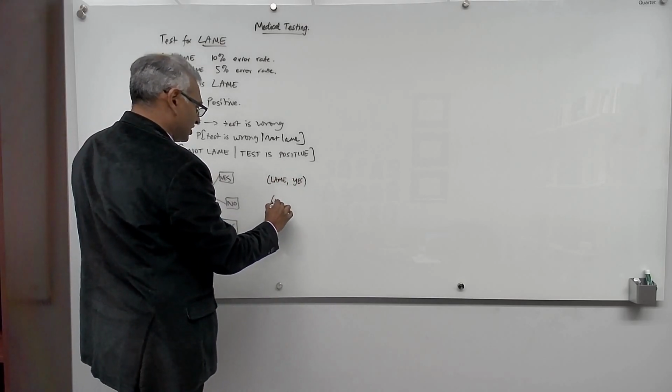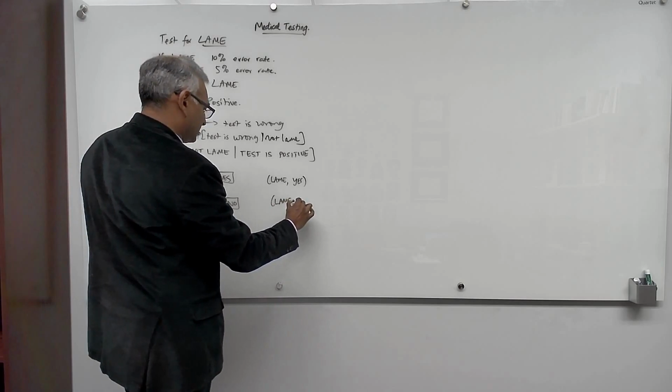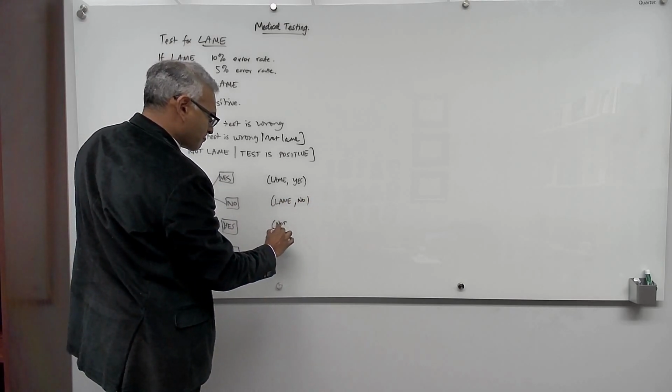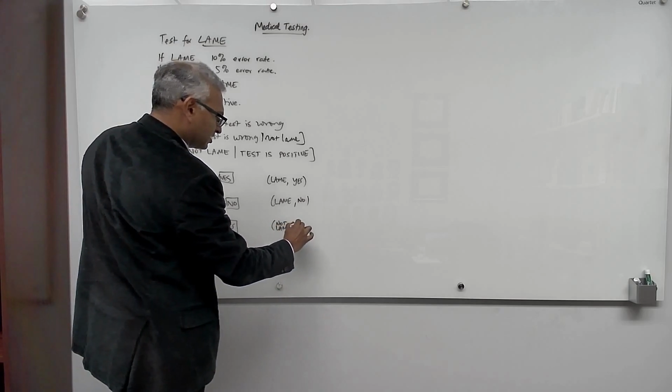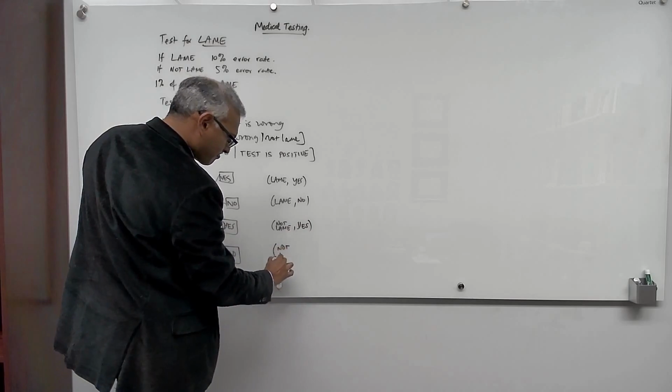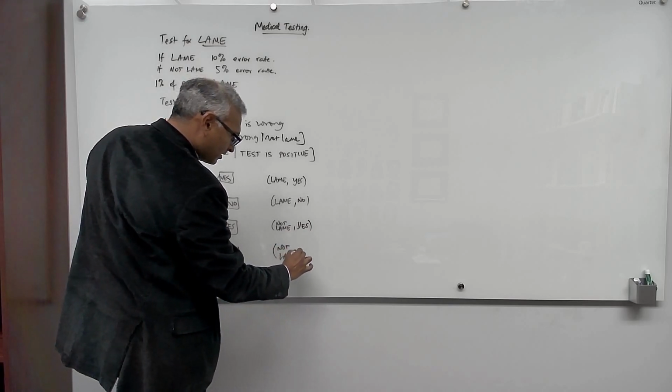In this case, you're lame, and the test said no. In this case, you're not lame, and the test said yes. And in this case, you're not lame, and the test said no.